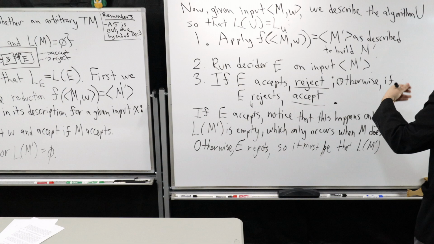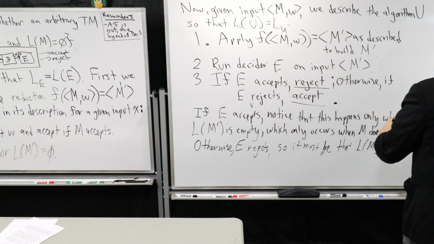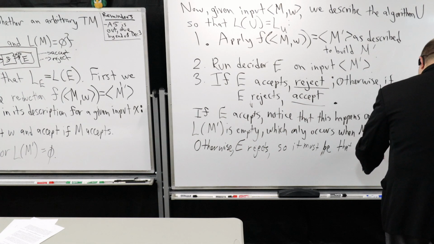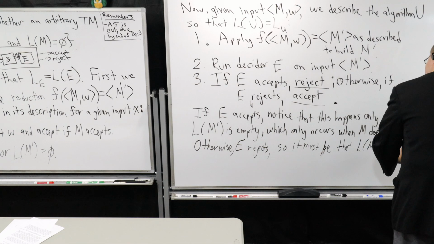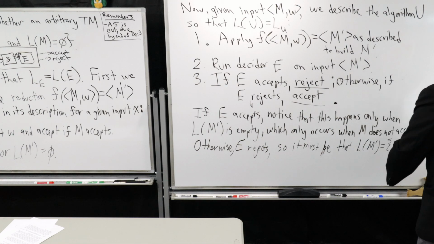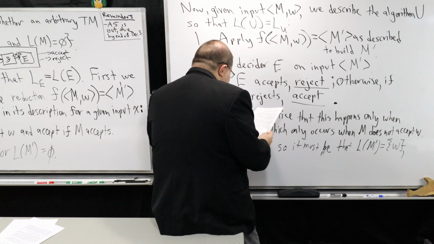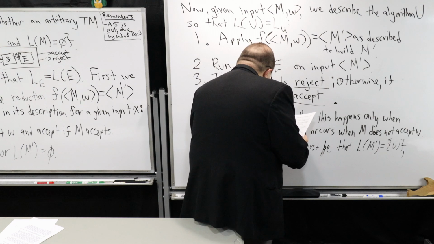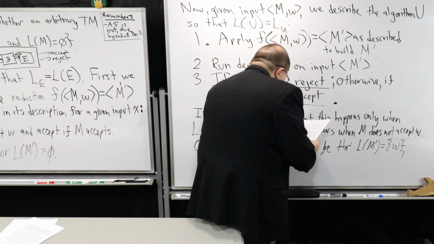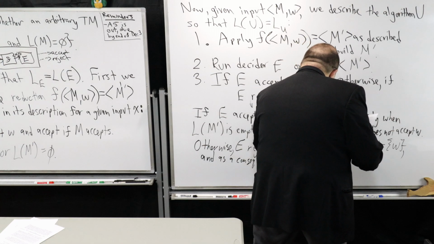This is the part I'm referring to when I said we flipped the reasoning here. Must be that the language of M prime equals W. Actually, I think I did state it correctly. I just get a little ahead of myself sometimes. It's equal to W. And as a consequence, M accepts W.